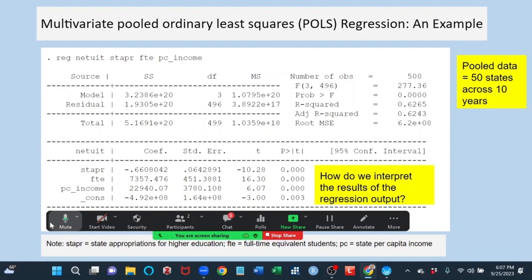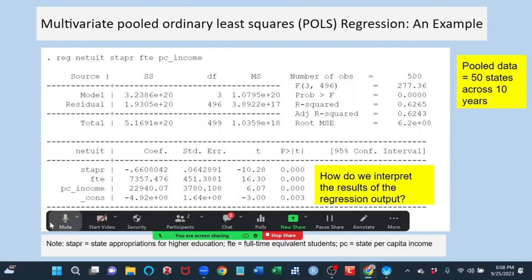So again, this is a positive relationship between net tuition revenue and per capita state income. Again, that would make sense, right? You would expect, well, if people have more income, they probably could pay more tuition. If they pay more tuition, institutions get more tuition revenue. Again, this is statewide, right?